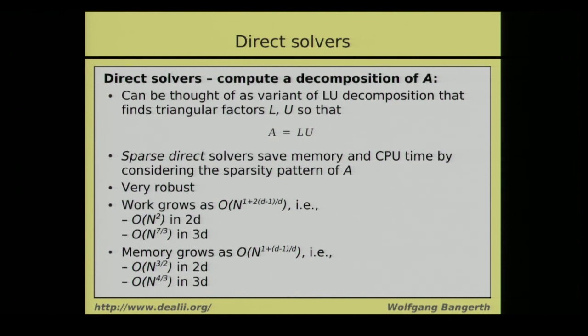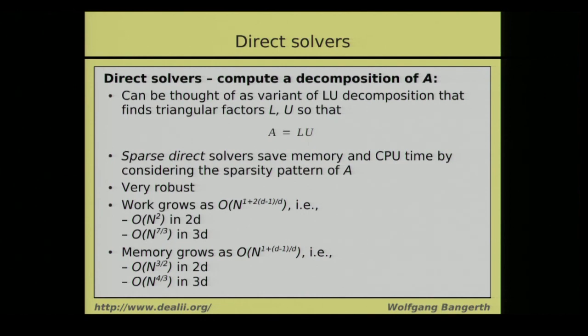Okay. Sparse direct solvers do essentially this. There's a class of algorithms called sparse direct solvers that compute factors L and U, and that do this in such a way that they respect the sparsity pattern of A. It's not difficult to show that even if A is a sparse matrix, L and U are typically not sparse.